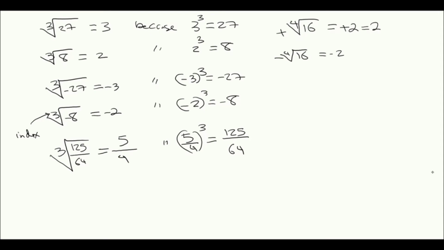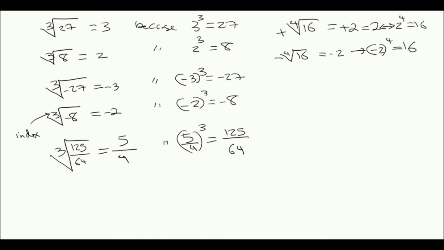And so why is the 4th root of 16 2? Because if I take 2 and raise it to the power of 4, I get 16. Why is negative 2 also a root of 16? Because if I take negative 2 and raise it to the power of 4, I also get 16.